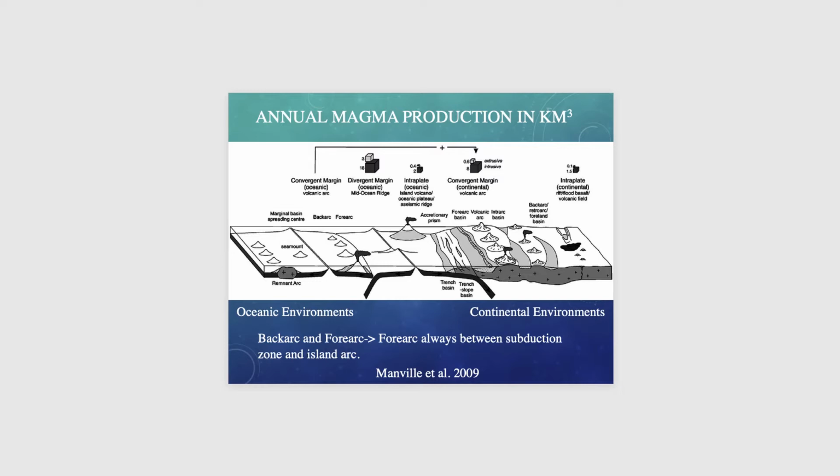So very often when we have a subduction zone, like this example with some volcanism, often the volcanism will occur in a back arc setting. So the back arc is usually on the side of the arc where the subductive plate is located. The forearc instead usually is where the accretionary prism forms.